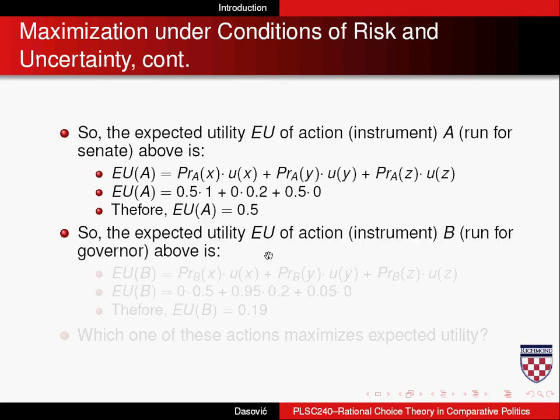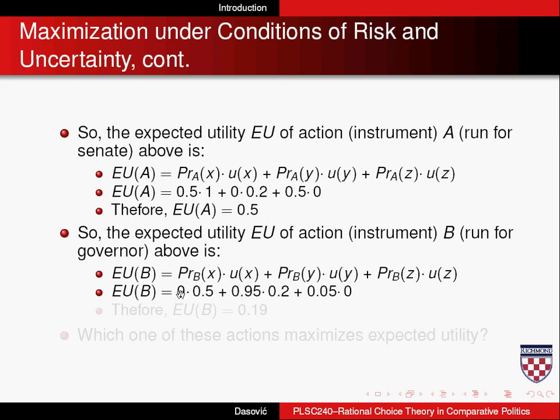Now you do the same thing for the expected value of action B, which is running for governor. The probability of being the senator by running for governor is obviously 0, so that cancels to 0.